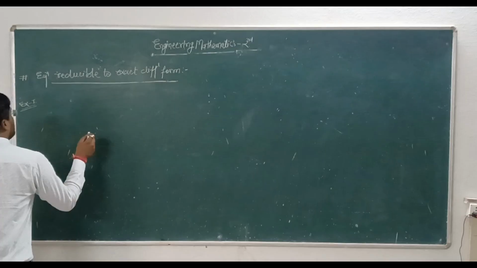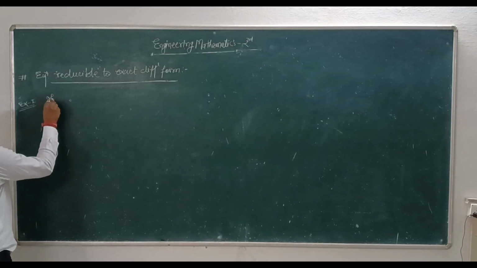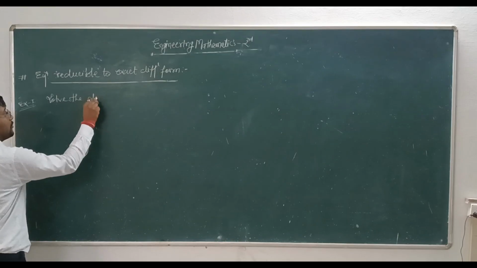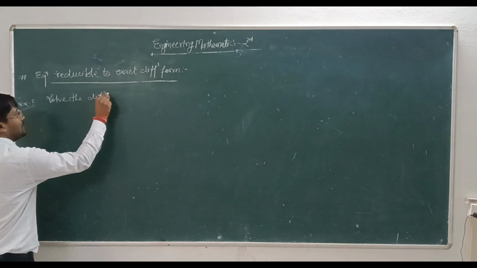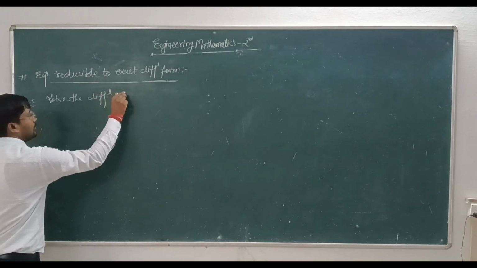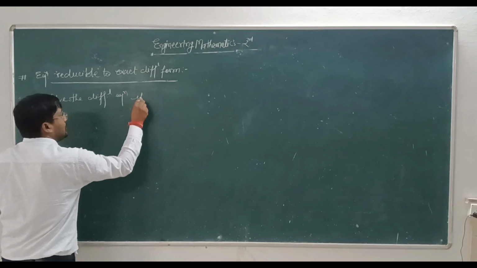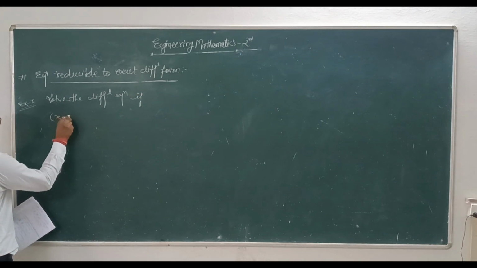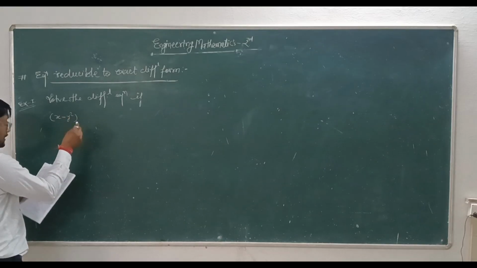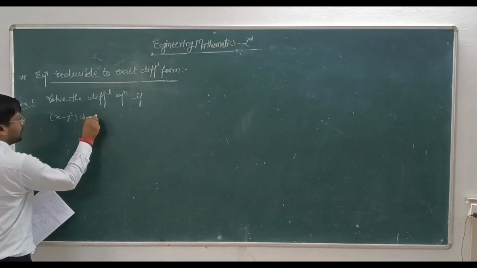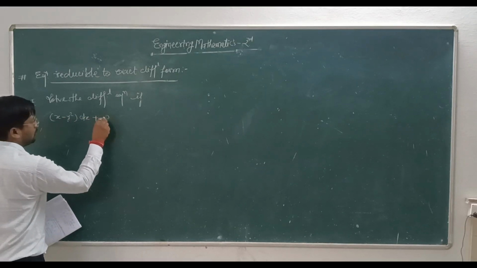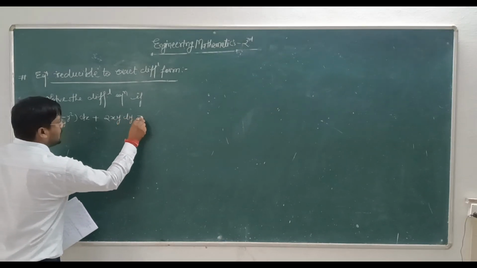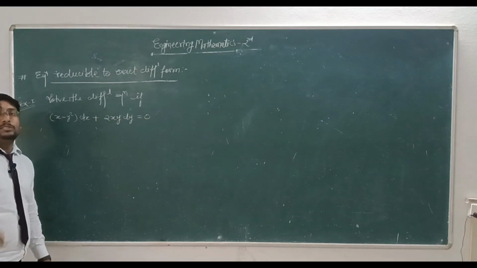Solve the differential equation (x − y²) dx + 2xy dy = 0.